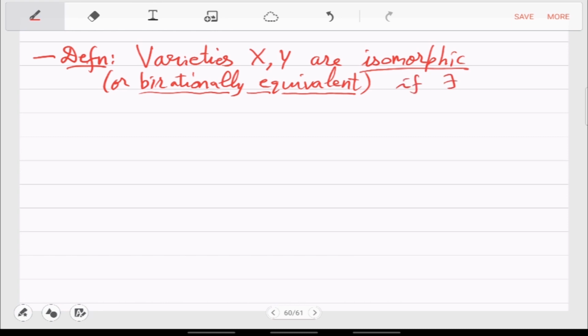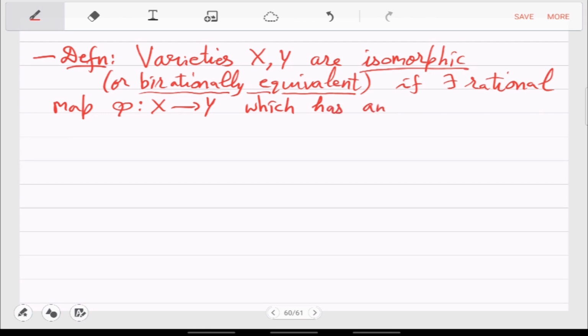So if there exists a rational map phi from X to Y which has an inverse rational map, phi inverse from Y to X. Won't it be dominant?